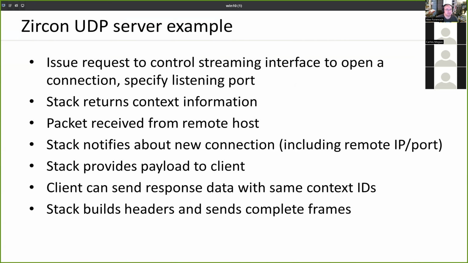But I'm thinking the stack managing setting up the connection automatically could be a bit of a problem. So it may make more sense, when a new packet shows up, to pass it through with the restricted headers first. And then the client can make a determination of whether I'm just going to handle it in this format, or am I going to request a connection be opened, which will then reduce the header information.